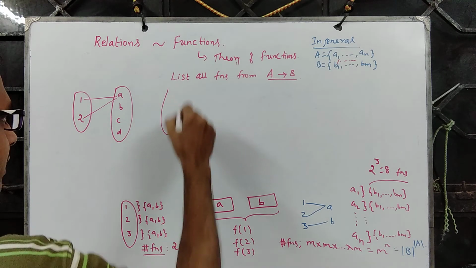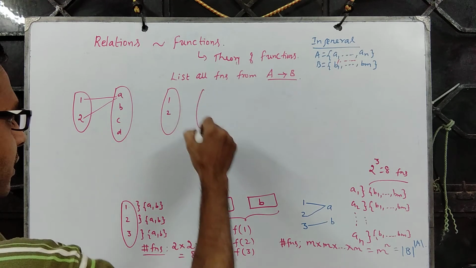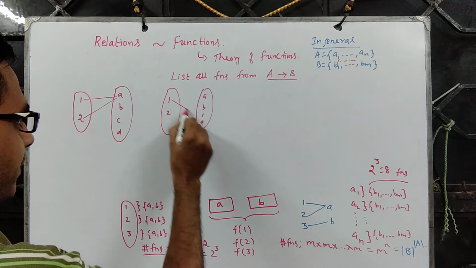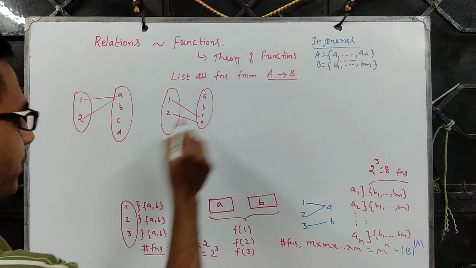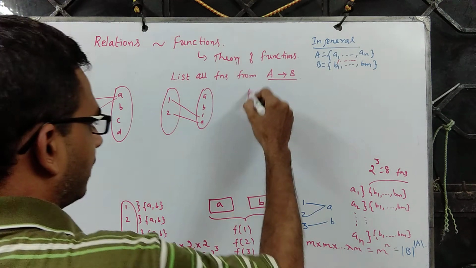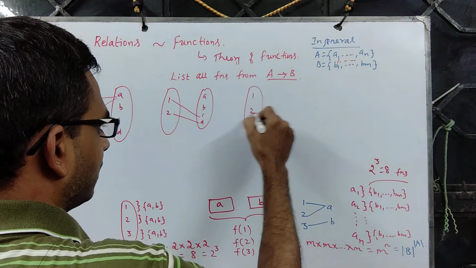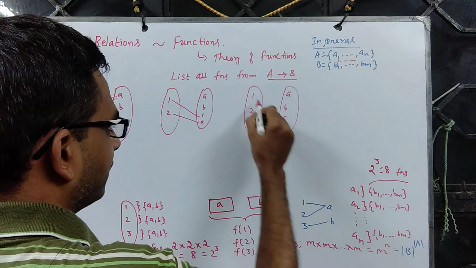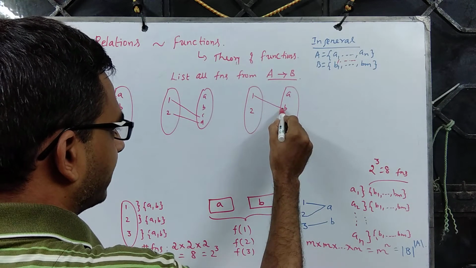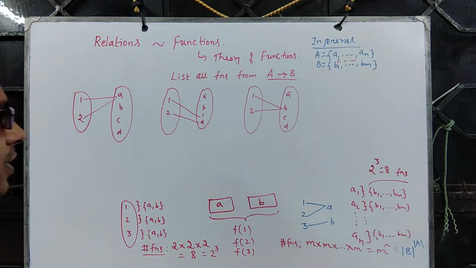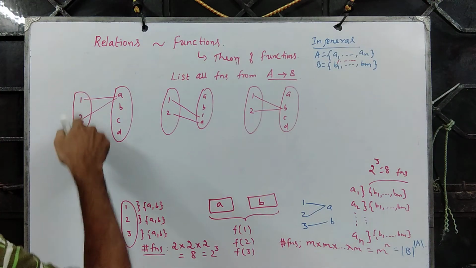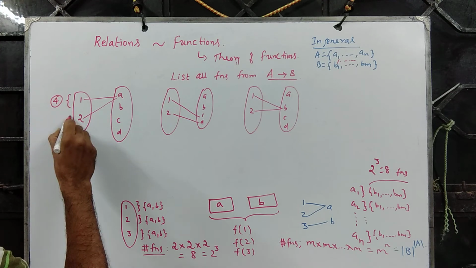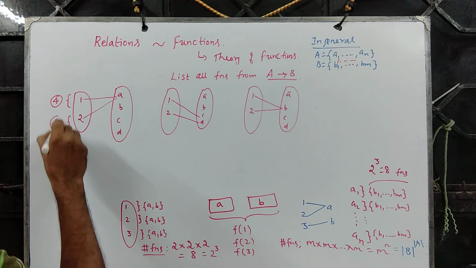You get another function in which 1 and 2 are mapped to, say 1 is mapped to C and 2 is mapped to D. And like that you can start listing other functions. You get a mapping in which say both 1 and 2 are mapped to B itself. So you see that you have 4 possibilities for this. You have another 4 possibilities for this.